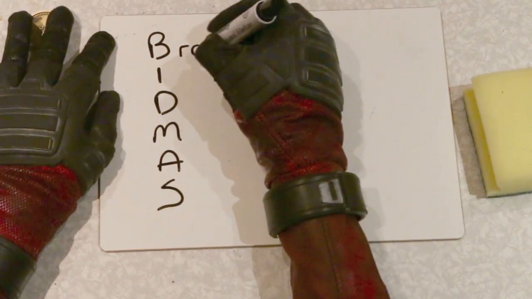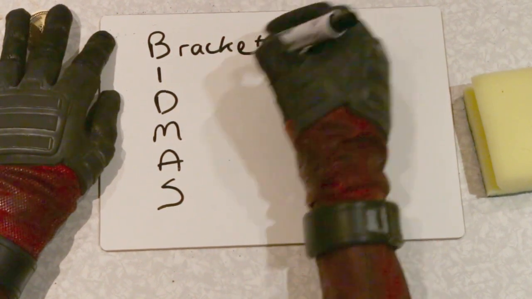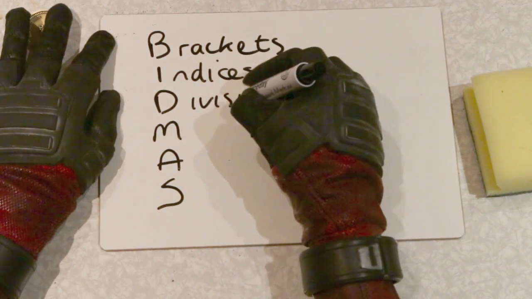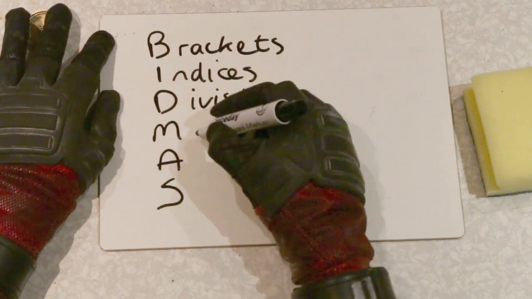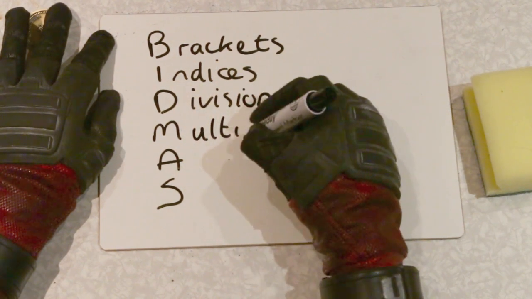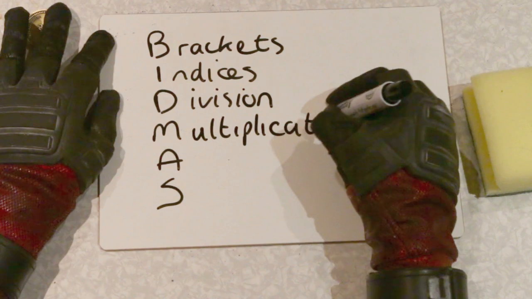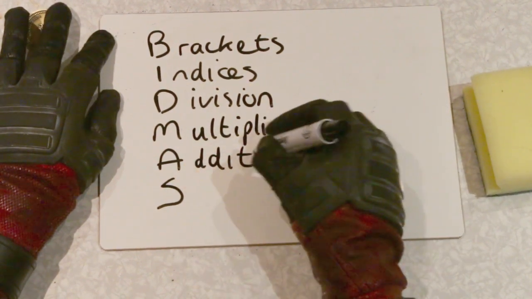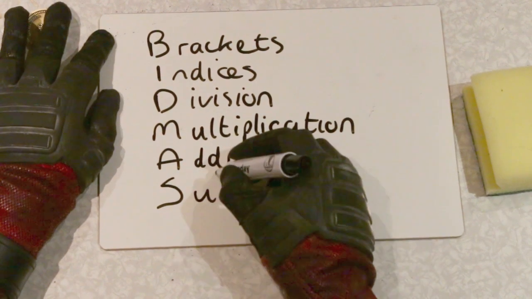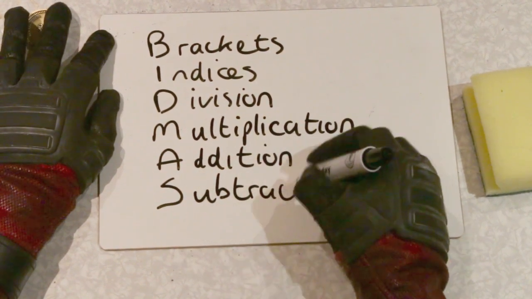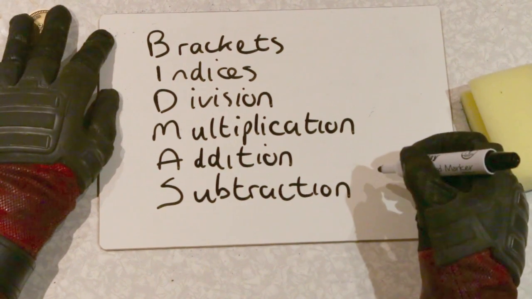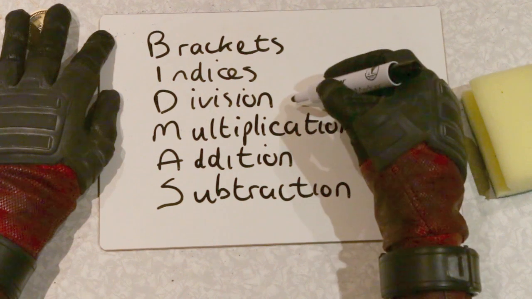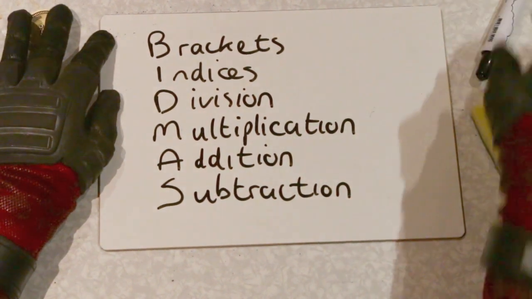No. This stands for brackets, indices, division, multiplication, and addition, and subtraction. So when we have a problem, we follow this order, starting at the B, then the I, the D, the M, the A, and the S.